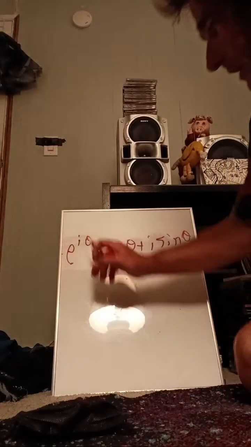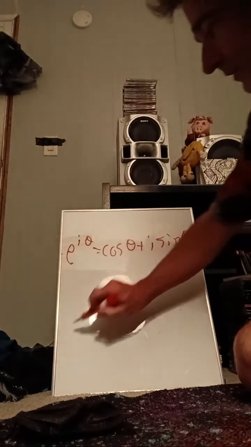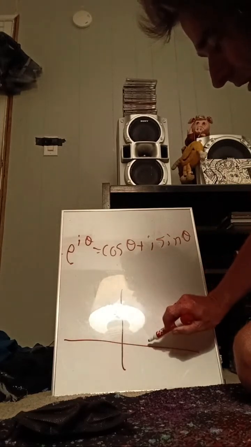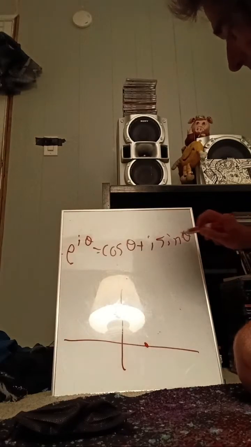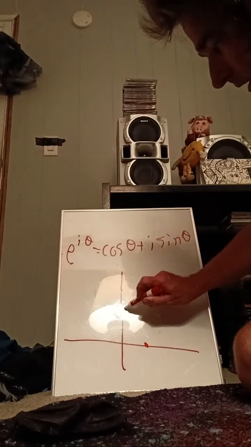And e to the i theta equals cosine theta plus i sine theta. Cosine theta is the real part, that's the x coordinate, right here. I sine theta is the imaginary coordinate, so that would be maybe here.